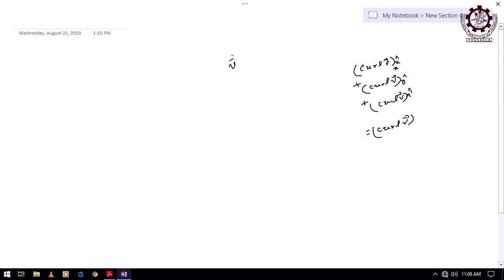And you note it down and try to solve it yourself with curl and divergence. I told you about the relation for V, which is r cross omega, linear velocity and angular velocity. If you find the curl of this velocity, prove that the curl of that velocity is 2 times the angular velocity. Then similarly evaluate the curl of r, the position vector.